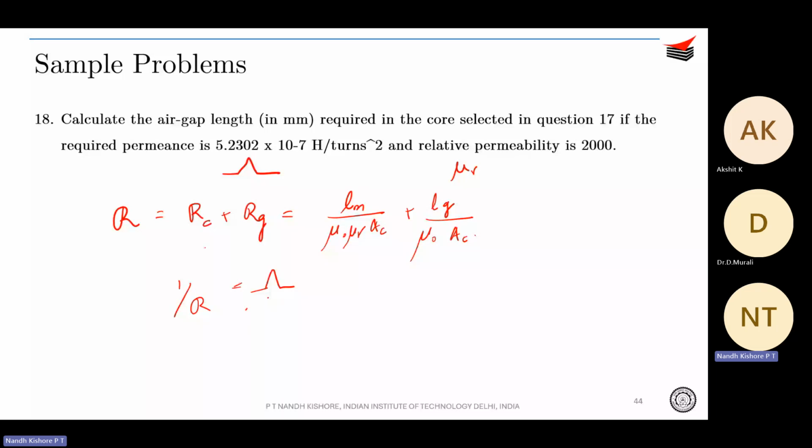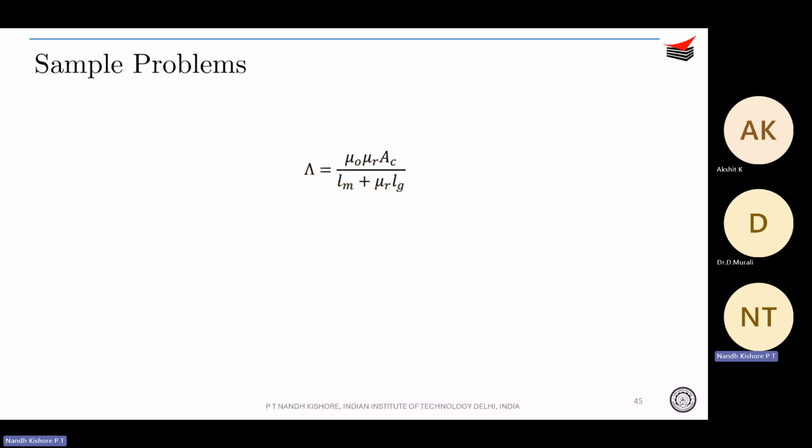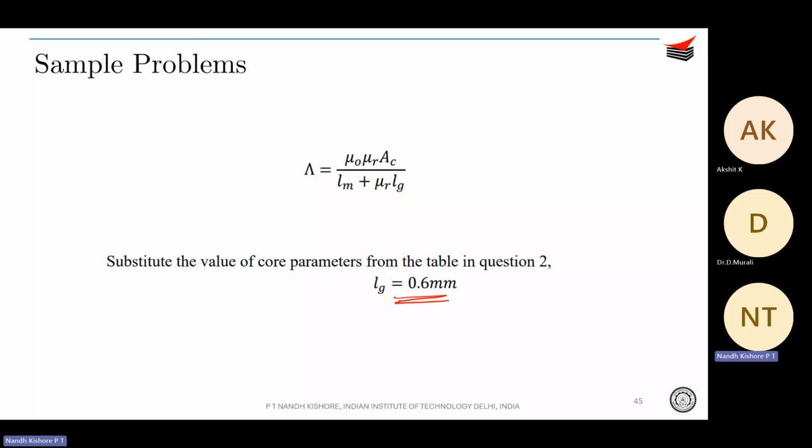Permeance is given, so you just need to find out Lg, which can be determined from this relation. The same relation is being used, and you get your value of Lg. This is not question 2, it's question 16.